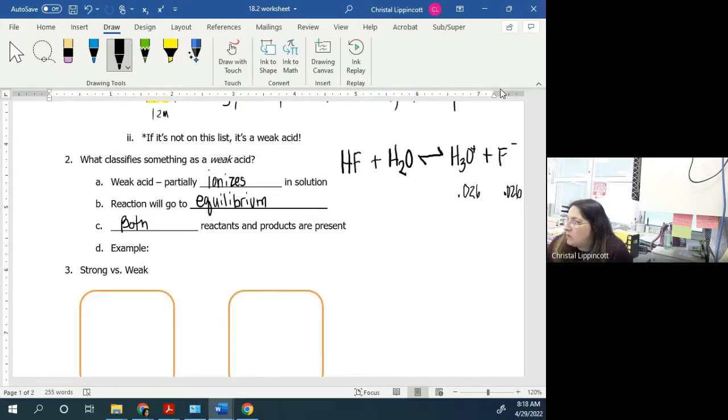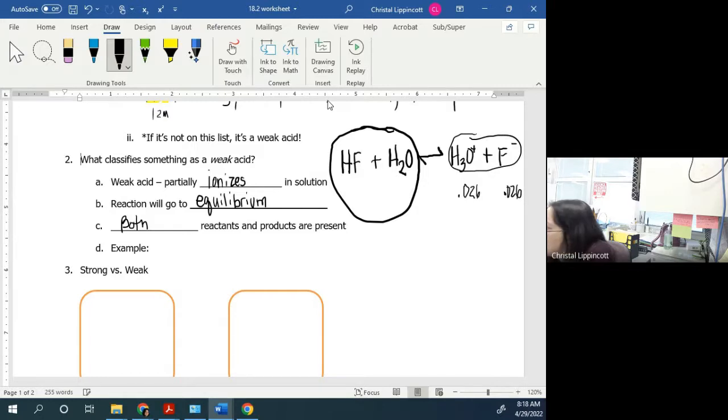Does that make sense? But more of this will be present than this stuff. So when we talk about a weak acid, it always has more of this stuff present than it has this stuff present. That's what makes it weak.